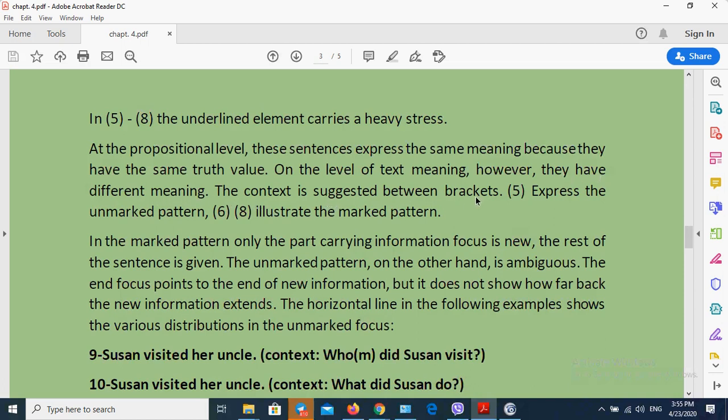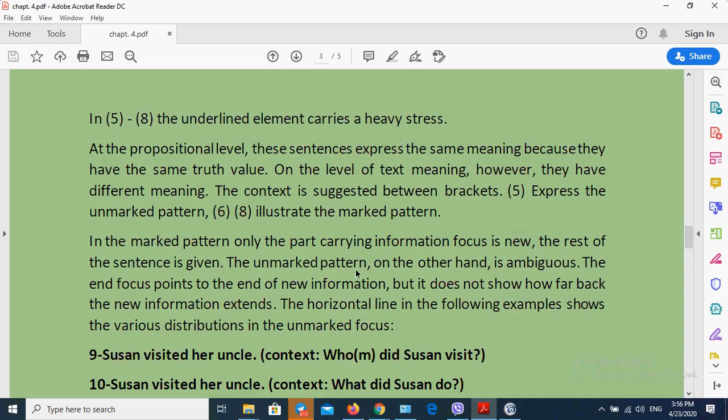The context is adjusted between them. Number 5 expresses the unmarked pattern. Numbers 6 to 8 illustrate the marked patterns. In the marked pattern, only the part carrying information focus is new. The rest of the sentence is given.